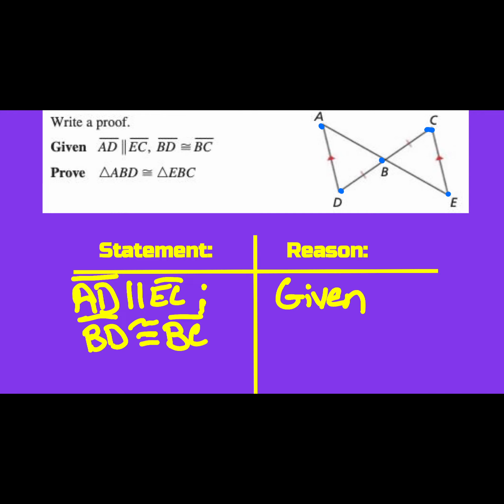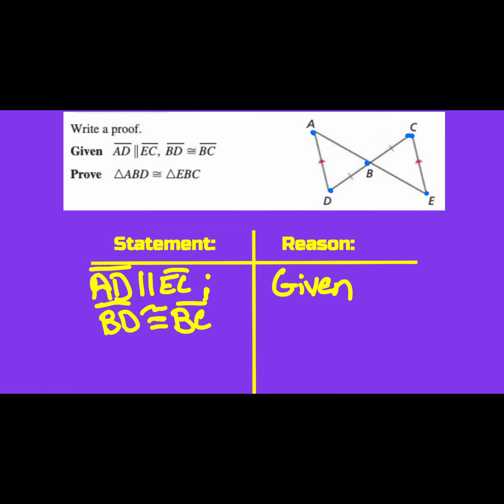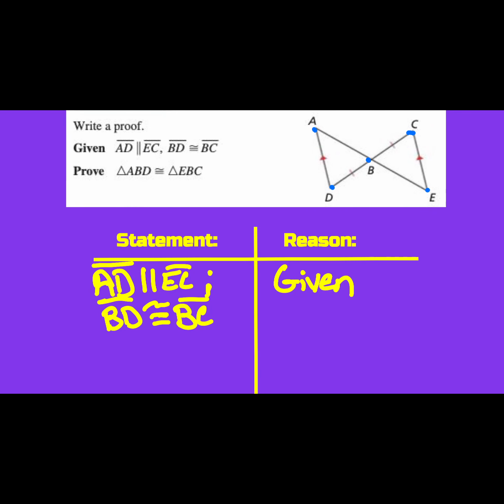Now, what if we're thinking about angle, side, angle? Which part of proof of using angle, side, angle does this help us with? Does that prove any part of it for us already? We're trying to use angle, side, angle to show that these two triangles are congruent.